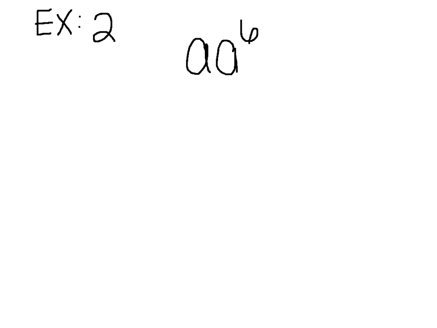Looking at the next example, we have a times a to the 6th. The first important thing to remember here is we have this a and there's no exponent. So what is supposed to go here?